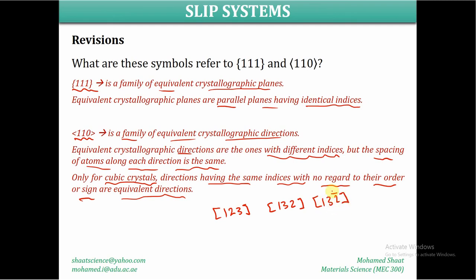We don't care about differences in sign or order, since they have the same indices 1, 2, and 3, so they are two equivalent crystallographic directions in a cubic crystal. This is only for cubic crystals like the FCC or BCC crystal structure.